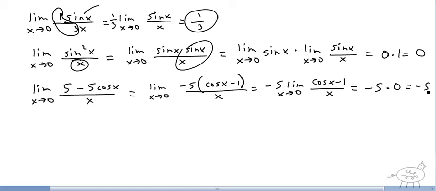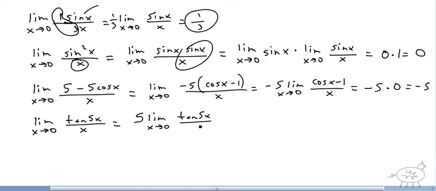All right. We can actually do the same thing we did with sine with tangent. Limit as x approaches 0 of tangent of 5x over x equals, again, I want to put a 5 on the bottom there. I'm just going to show it a little faster way: 5 times the limit as x approaches 0 of tangent of 5x over 5x.